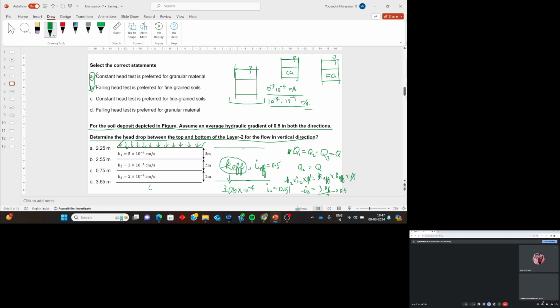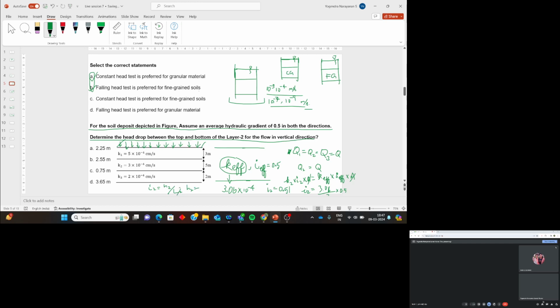So I2 is head drop by thickness of the sample. Now you need H2.